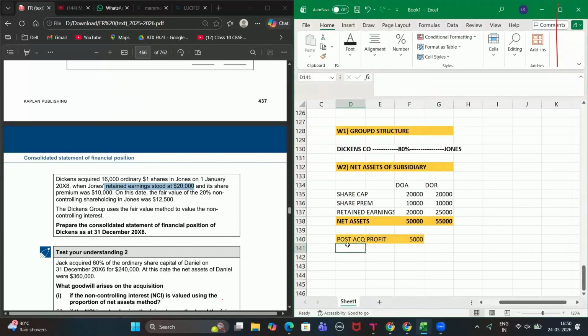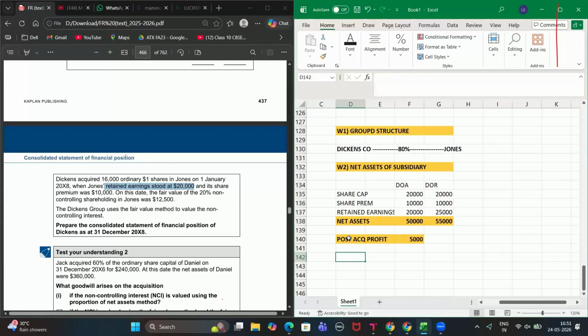So how will we show this 5,000? Can we show this as profit in SOFP directly as post acquisition profit? How will we show this?